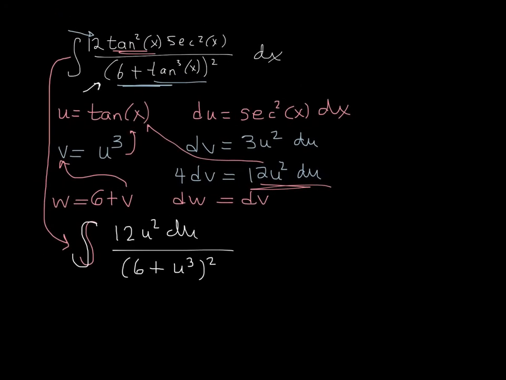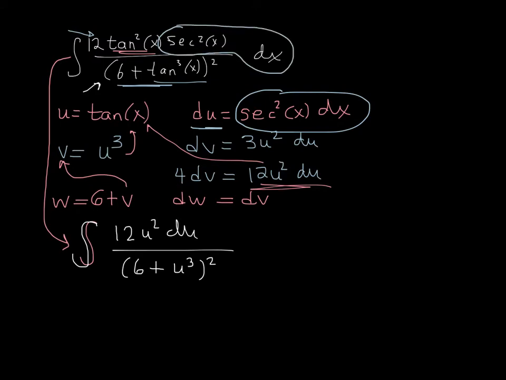Alright, let's just make sure you see where all that's coming from. So again, my du is secant squared x dx. So that's that piece right there, which is that piece right there.